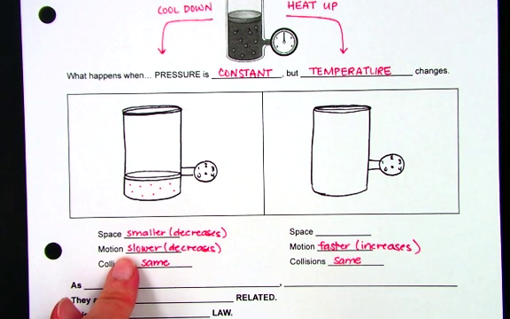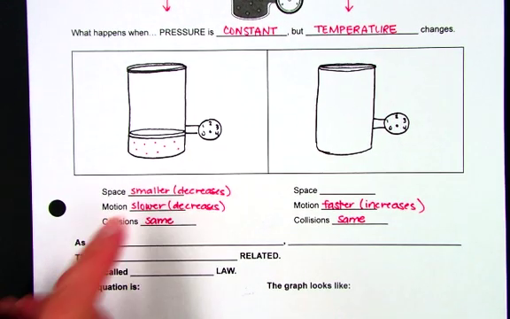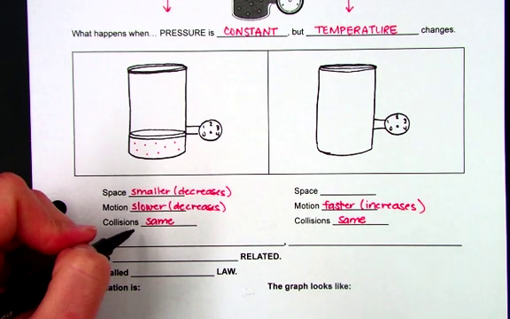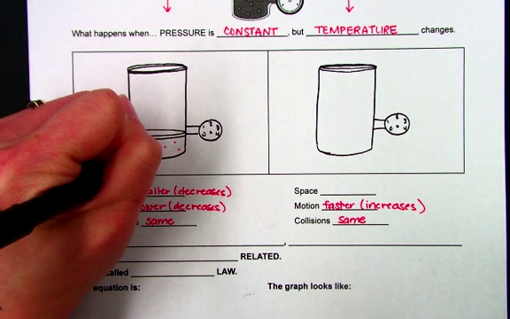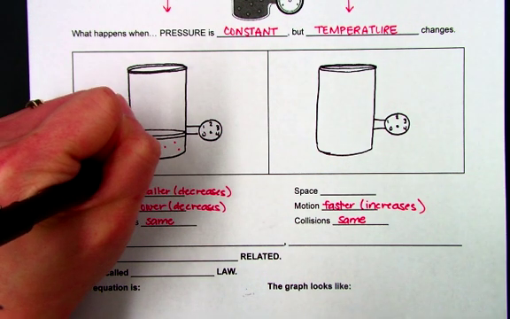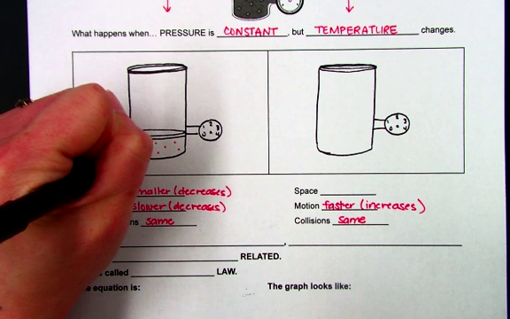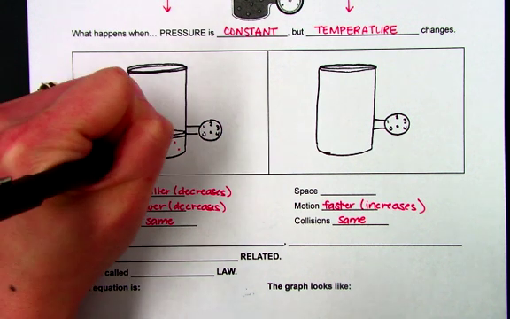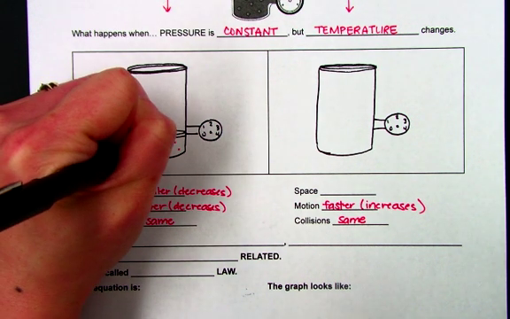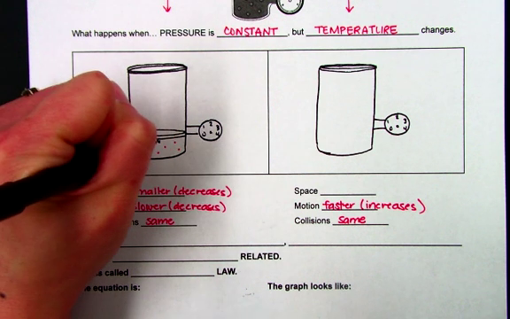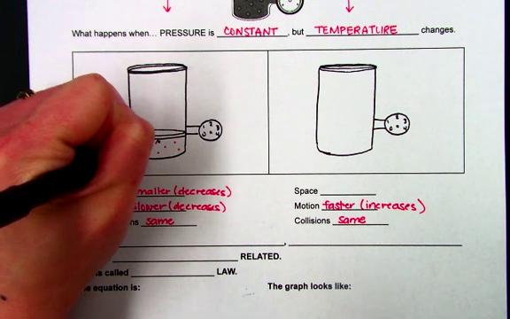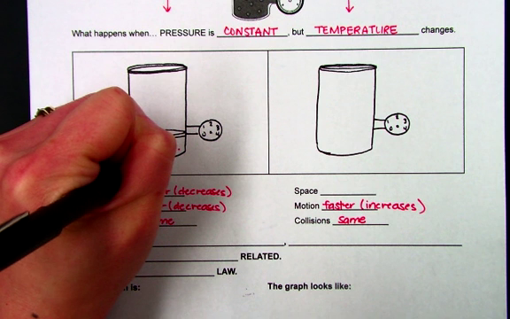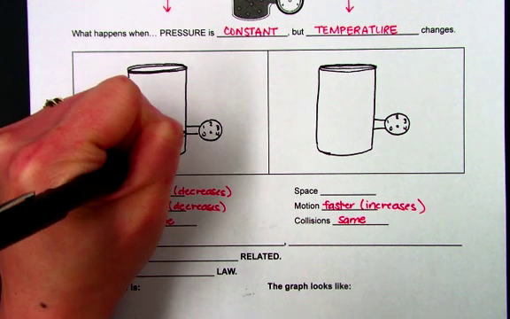Slower motion, right, means little arrows. Remember, because I have the same collisions, I have to have some, right? So I'm just going to draw little arrows, right, with maybe just a few collisions, maybe 2, to show that it's sort of just a medium amount of collisions.